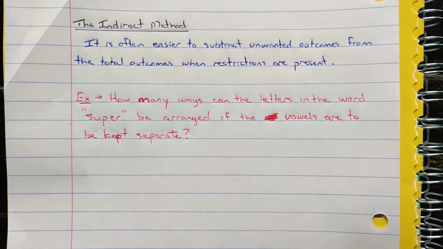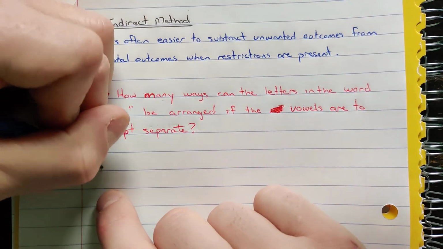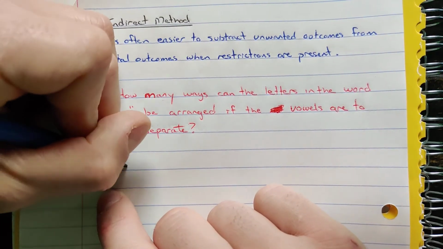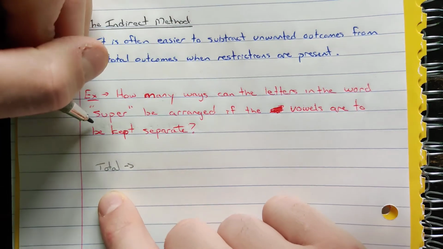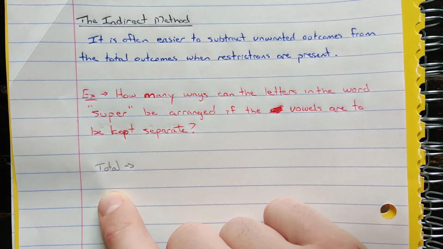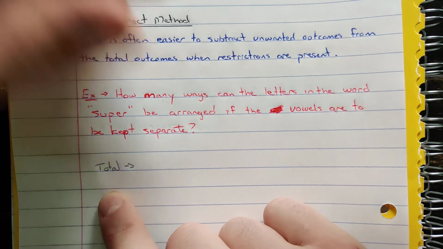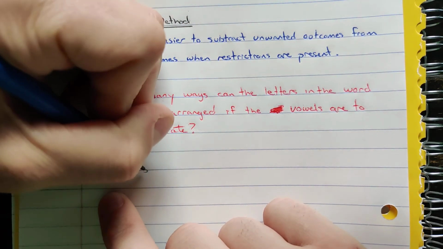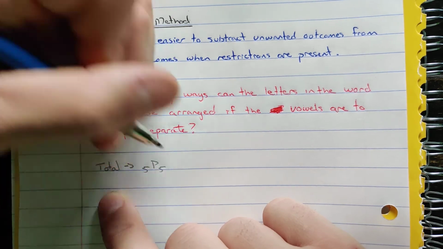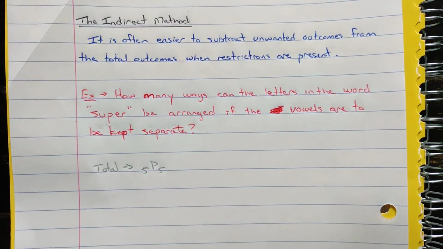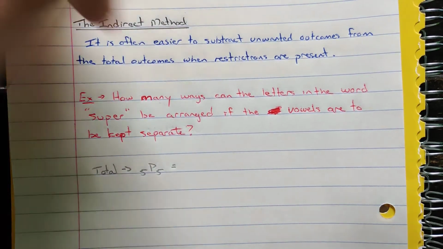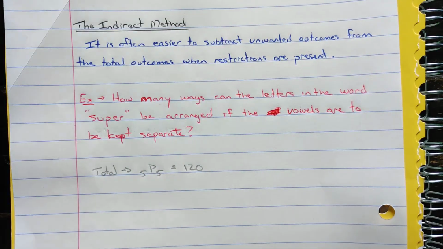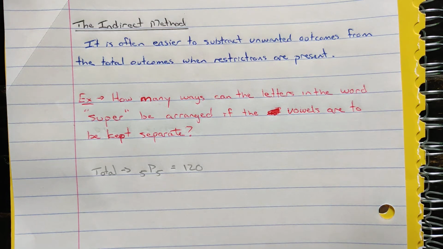So the total number of ways that we could arrange the letters with no restriction, we have 1, 2, 3, 4, 5 letters, and we're going to arrange all 5. So 5P5, and that's just 5 factorial, which we've often seen is 120.